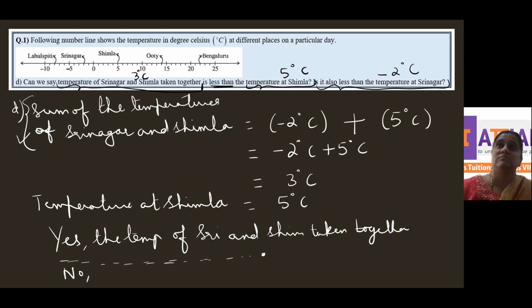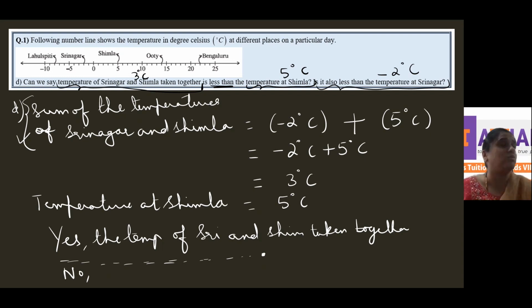Taken together is not less than the temperature of Srinagar. Very good. Is not less. Very good. Darshan?